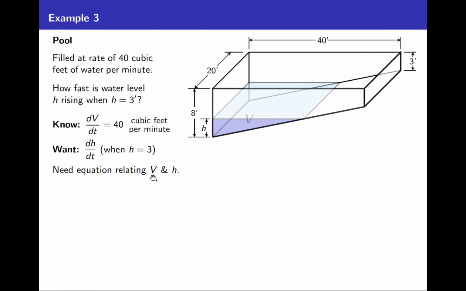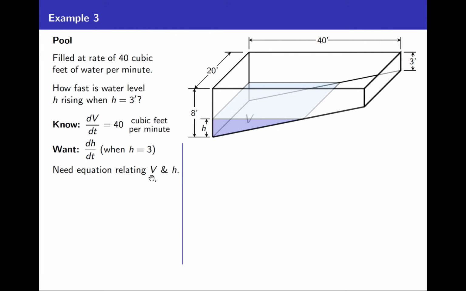We need an equation relating this V, the volume of this prism of water, to the height h. To figure out that equation, we'll do it over here. We'll pause at this point, find that equation here, and then write it there and continue the problem.